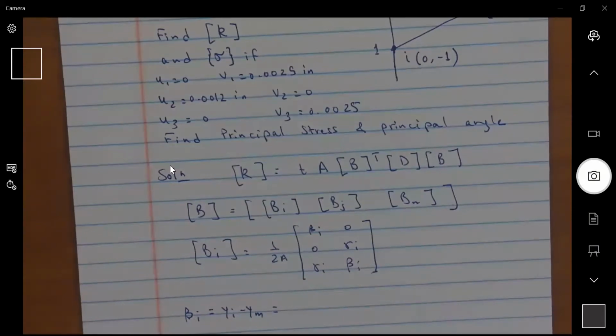Going back to the notes. Is it yj minus ym, right?